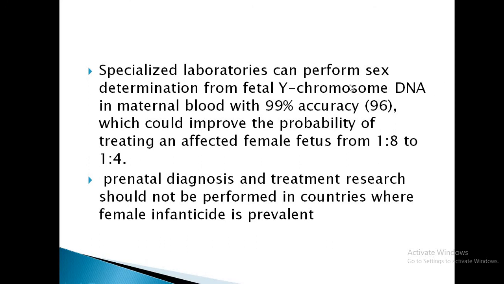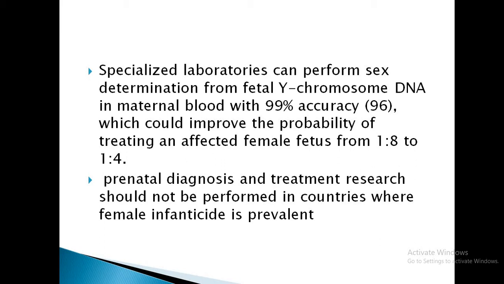Specialized laboratories can perform sex determination of the fetal Y chromosome in the maternal blood with 99% accuracy. So this could improve the probability of treating an affected female fetus from 1 in 8 to 1 in 4. So if you do the fetal Y chromosome DNA assay, it could increase the probability of treating an affected female fetus from 1 in 8 to 1 in 4.